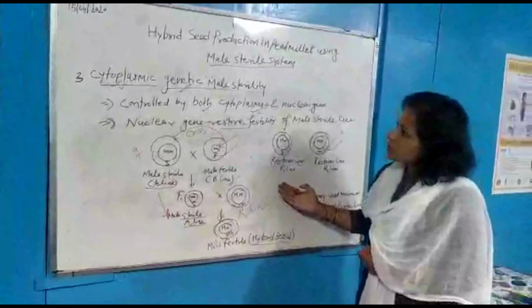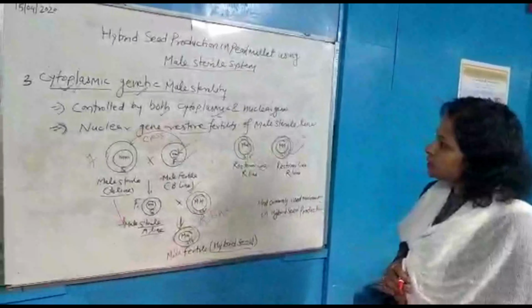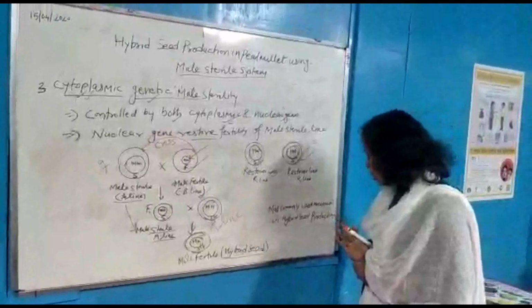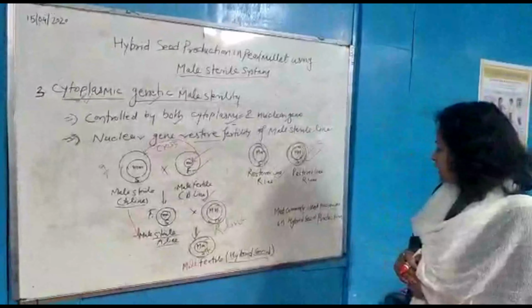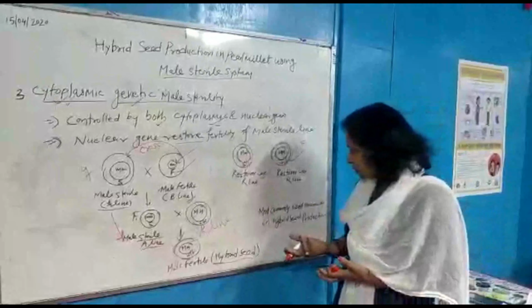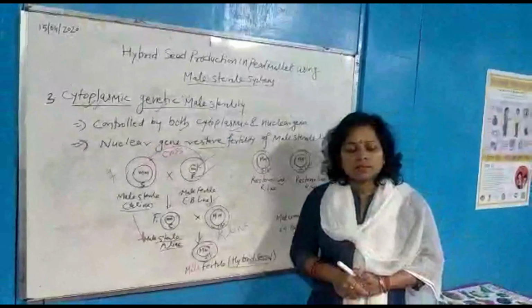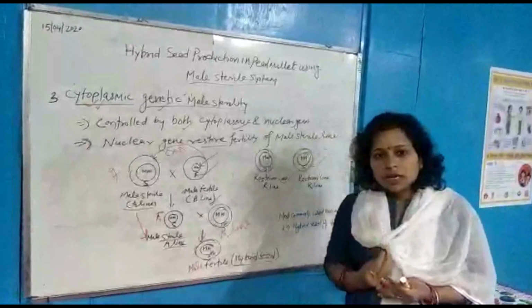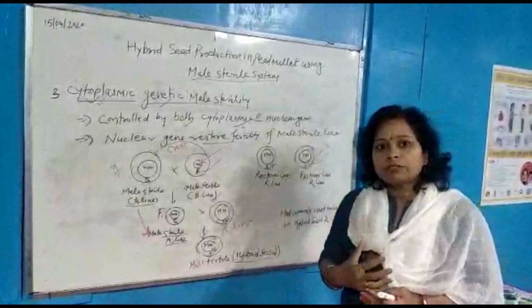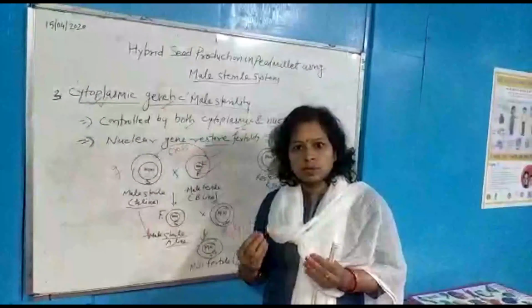And this cytoplasmic genetic male sterility is very common in all crops, because in this case the nuclear gene is responsible for fertility in the progeny.